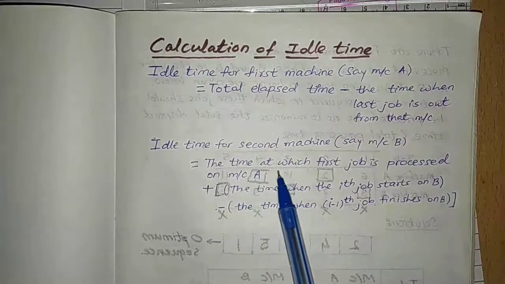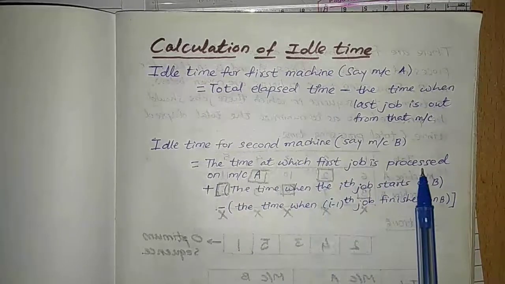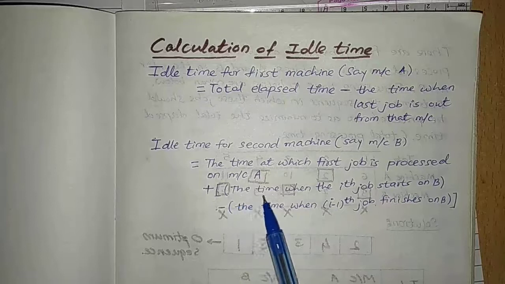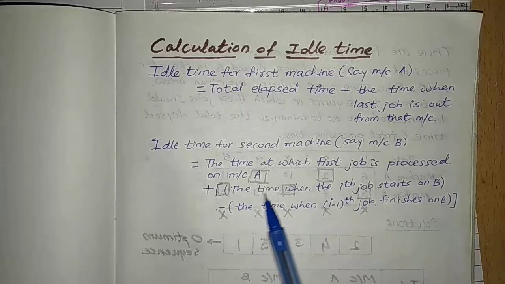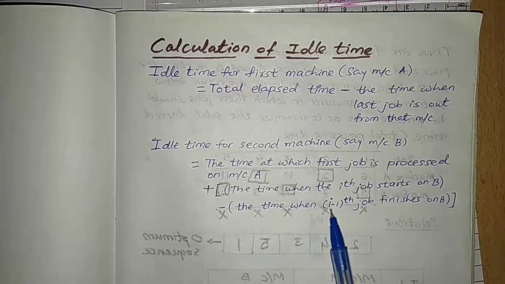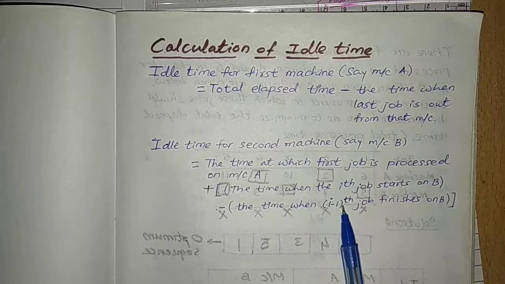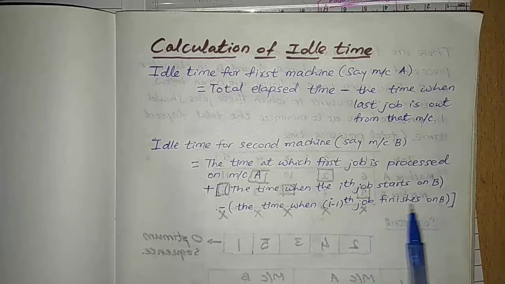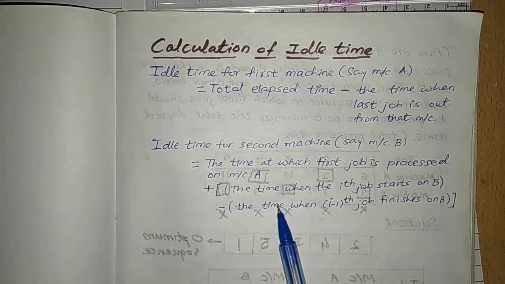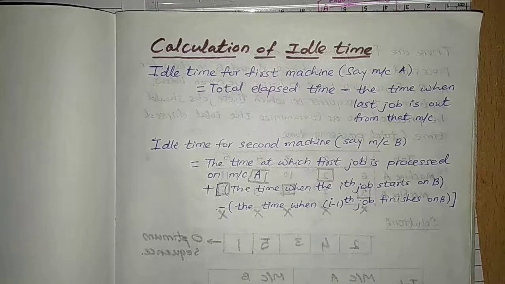The idle time, the time at which first job is processed on machine A, that means previous machine, plus we have to add here the time difference, the time when the ith job starts on B, minus the time when the i minus 1 th, that is previous job finishes on B. So we will use this formula to calculate the idle times on the machines M1 and M2 and M3.